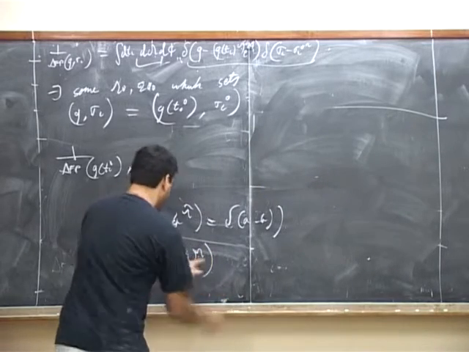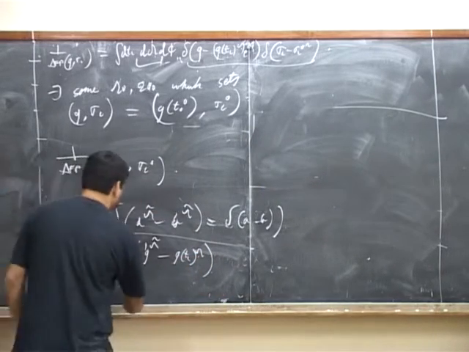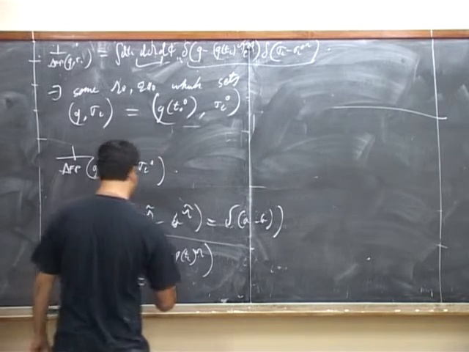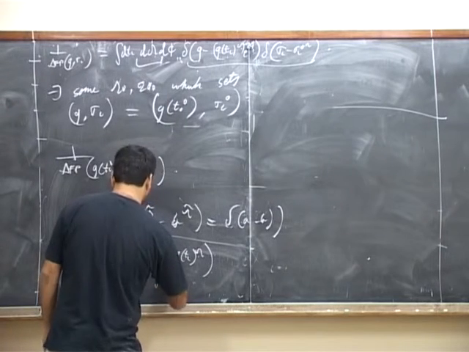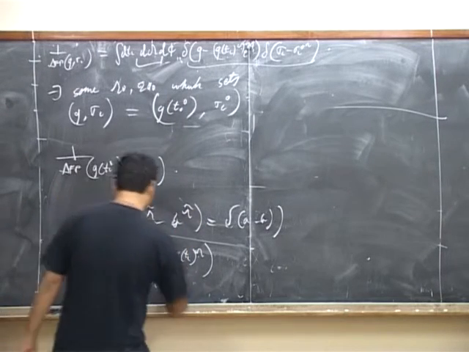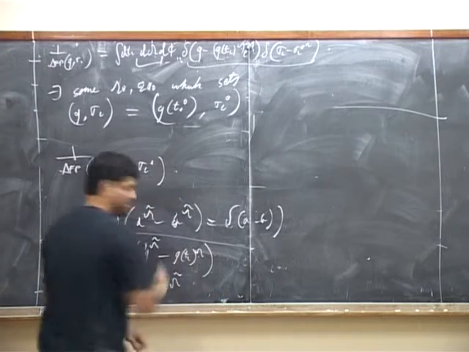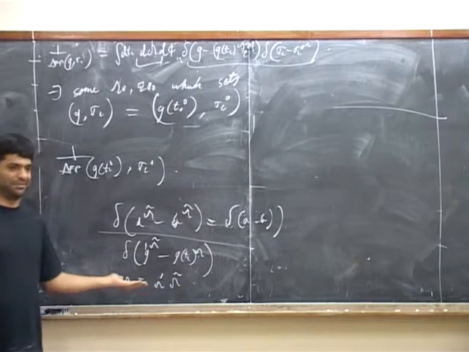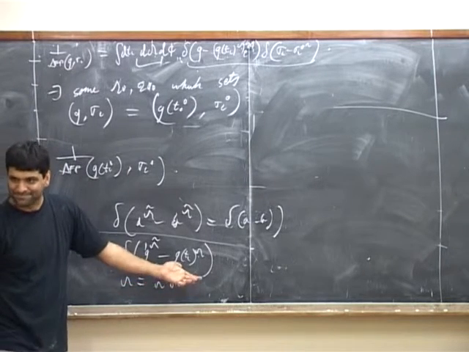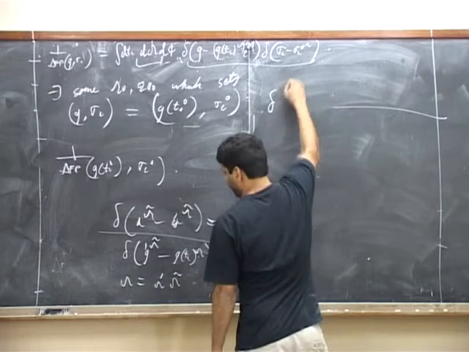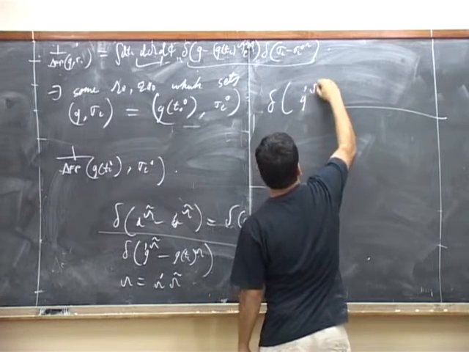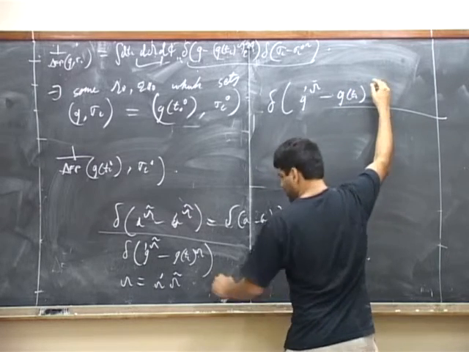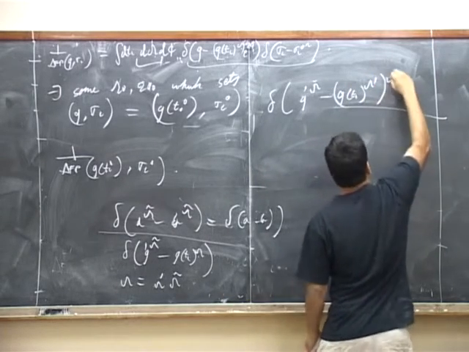Now we'll take this omega and write it as omega prime times omega twiddle. This we can always do because it's a group. We multiply by omega twiddle inverse. So then what is this? This is the delta function of g prime omega twiddle minus g t i omega prime omega twiddle.